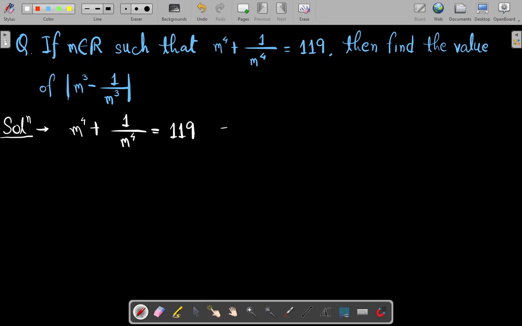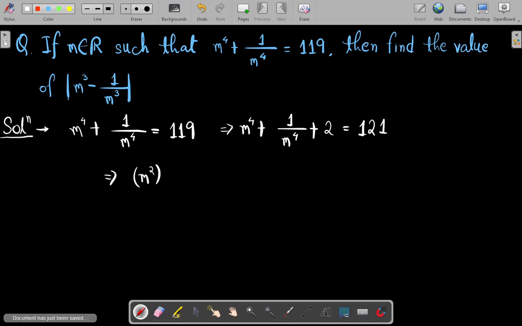If I add 2 to both sides, this will become m to the power 4 plus 1 upon m to the power 4 plus 2, and on the right hand side this will become 121. If I try to write the left hand side as a whole square, the first term will be m square whole square, the second term will be 1 upon m square whole square, and the third term can be written as 2 times m square times 1 upon m square.